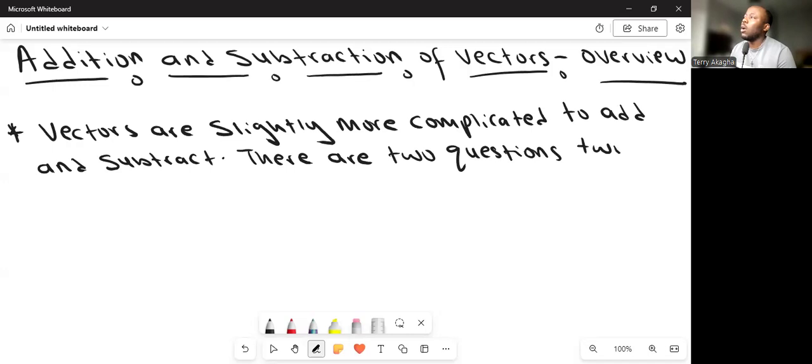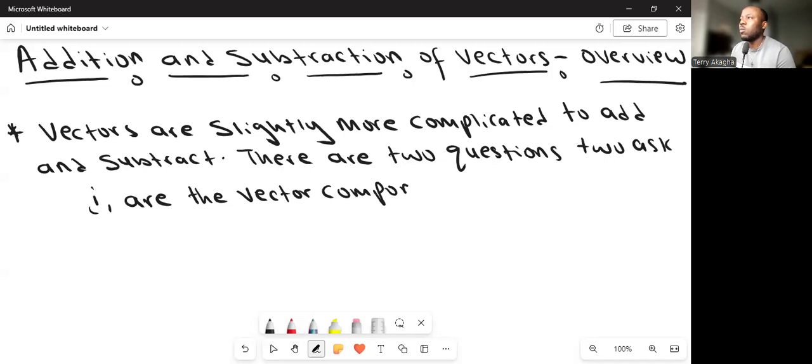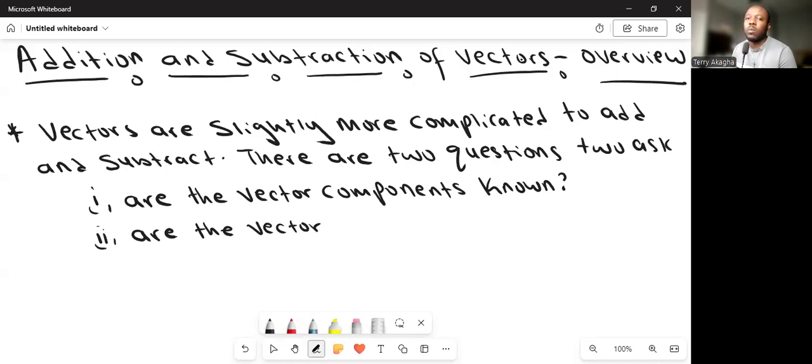When you want to add or subtract, there are always 2 questions to ask. The first thing you need to ask yourself is, are the vector components known? Number 2, the next question you need to ask is, are the vectors visually represented?